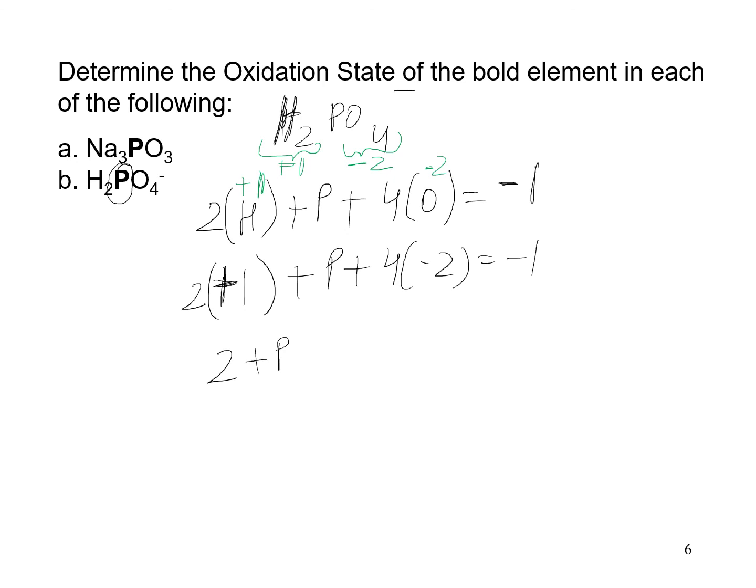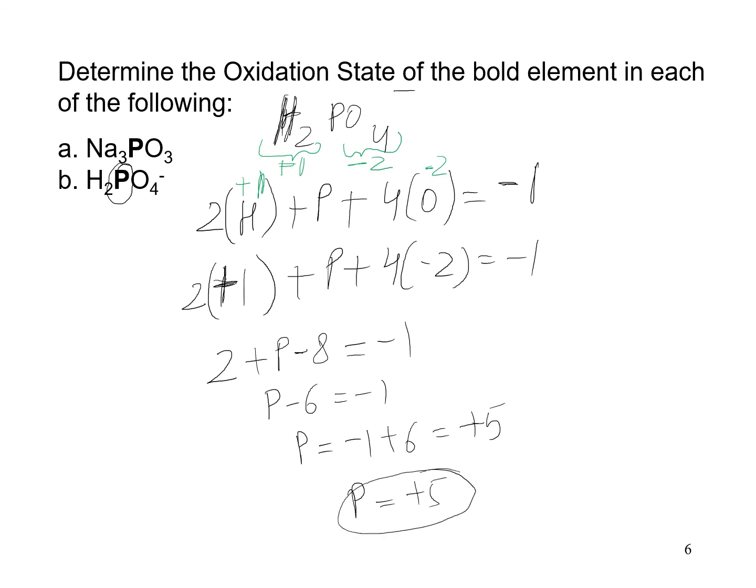So it's P - 6 equals -1. So phosphorus would be -1 plus 6, which is equal to +5. So my final answer is the oxidation number of phosphorus in this case is +5.